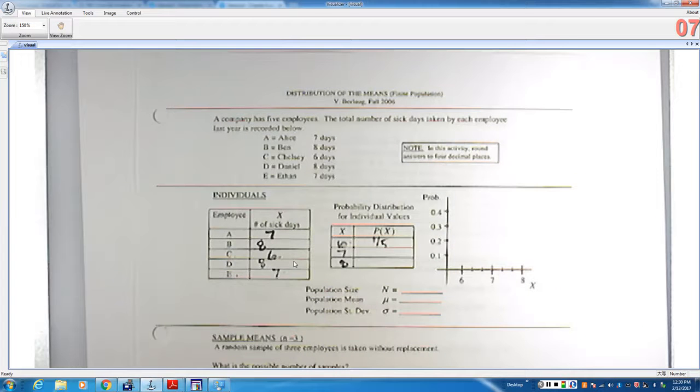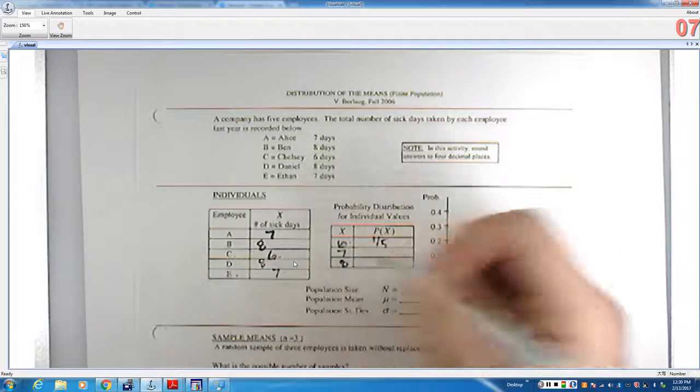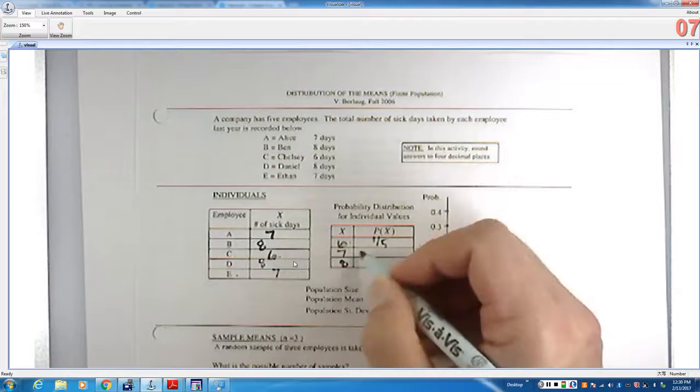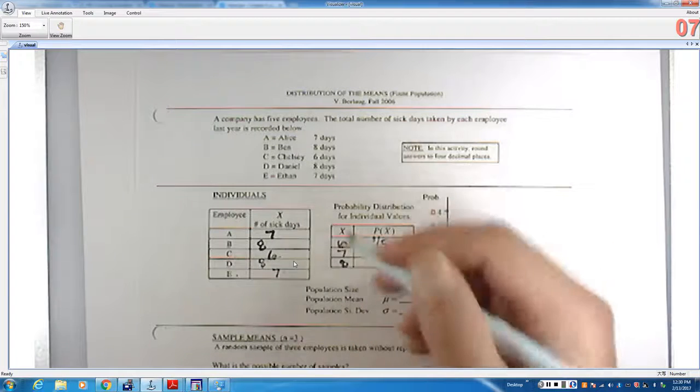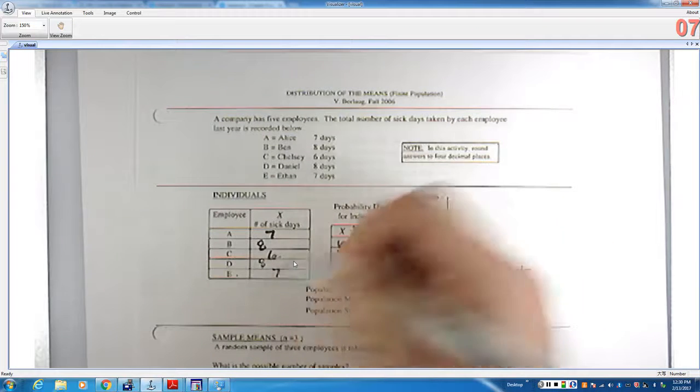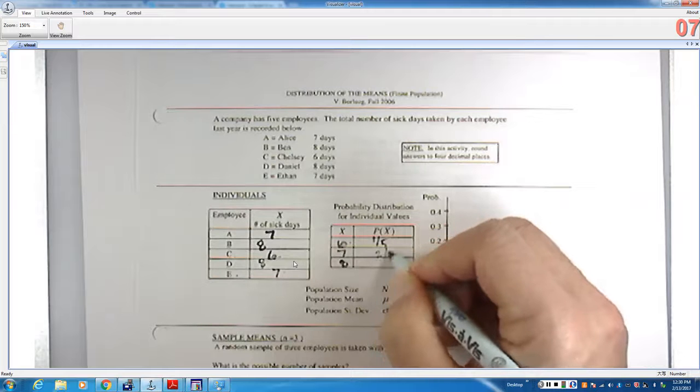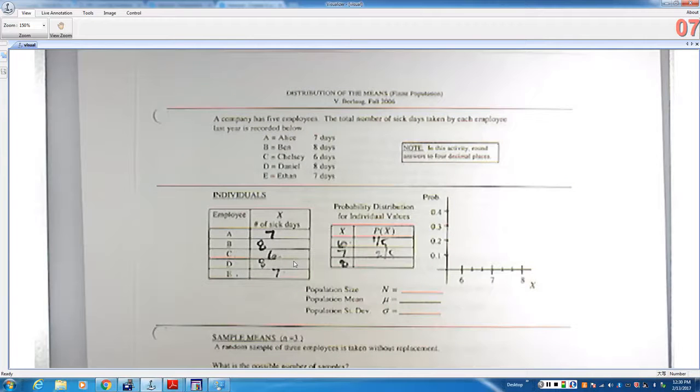That's your probability. How about 7? What's the probability of missing 7 days? There are 2 of them out of 5, so that becomes 2 divided by 5. Okay? So those are your answers. Go ahead and finish the other ones.